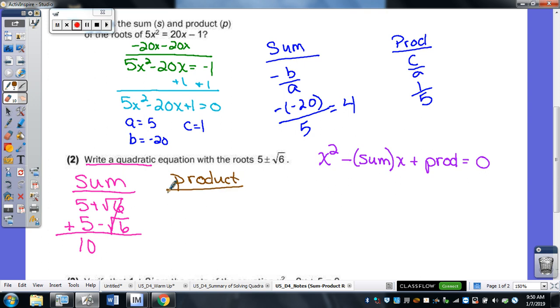So then we'll figure out our product. So that means we have to multiply our two roots together. So 5 plus the square root of 6 times 5 minus the square root of 6. Do you remember what we call these two roots? It's the same thing, but the signs in the middle are changed. Conjugates. Do you remember how we multiply our conjugates?